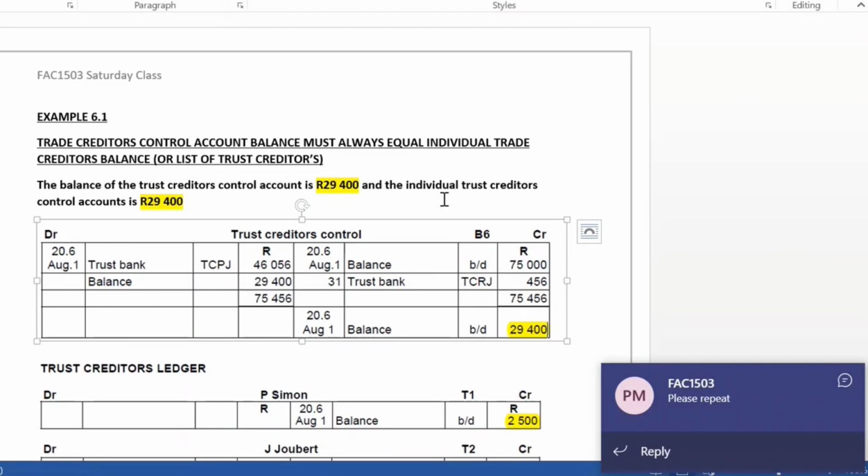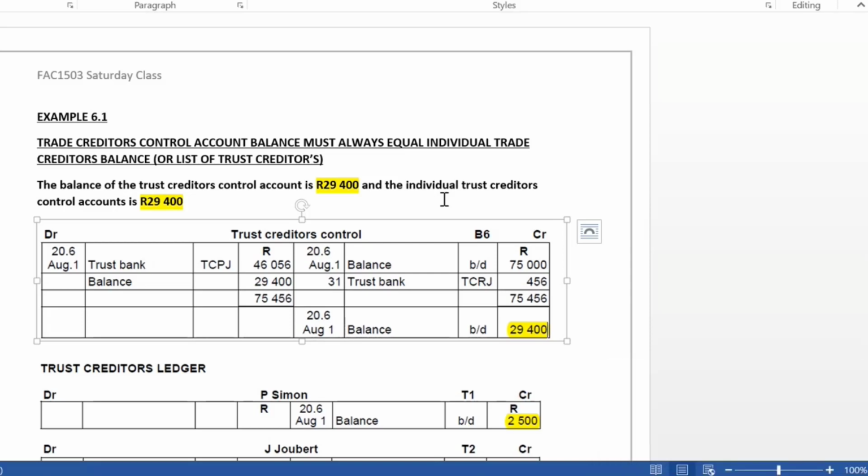I'm saying to you now that a lot of clients in this scenario that I want to show you have transferred in total into the trust bank account 29,400. That is the total of all the clients of the attorney.